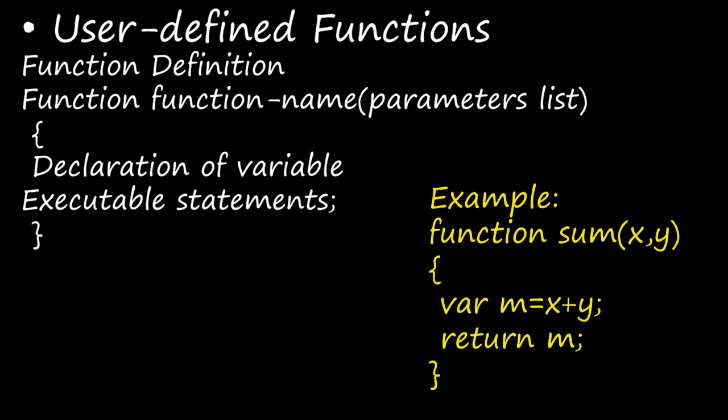This function's name is sum and it has two parameters, x and y, right? So you can call this inside the coding wherever you want to do the sum or the addition. Okay, we have an example to use this function. This is on page number 333.